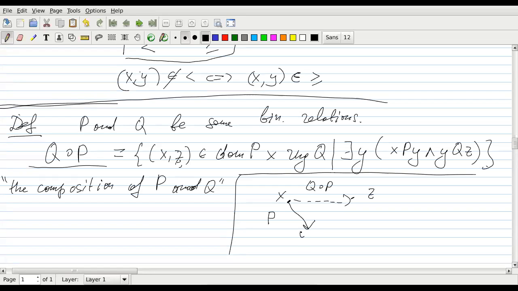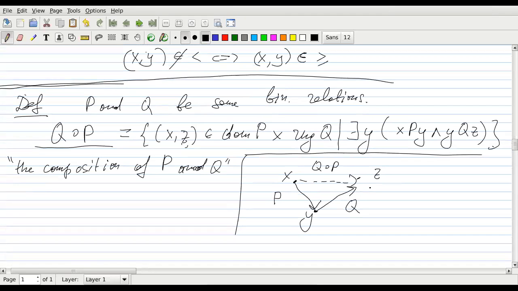First by P, then via some intermediate station Y to Z. So X P composition Q Z means nothing else than the following statement. There is a 2-arrow path, first by P, then by Q, leading from X to Z. Is it clear? Yes.